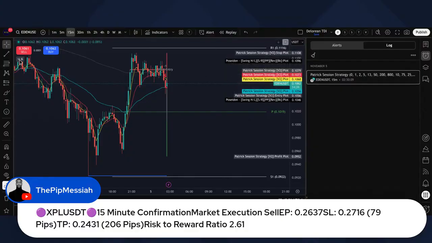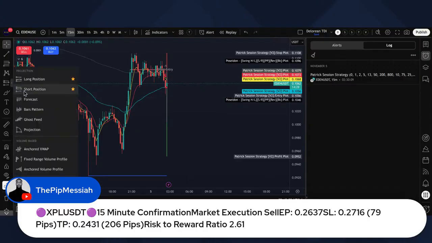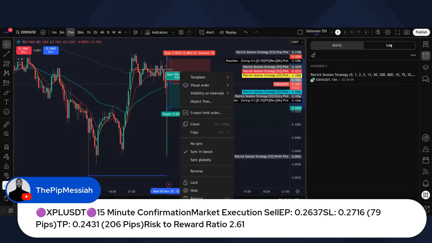Eden, however, is now marked off, and we will be taking that. This is a sell targeting 0.0952.